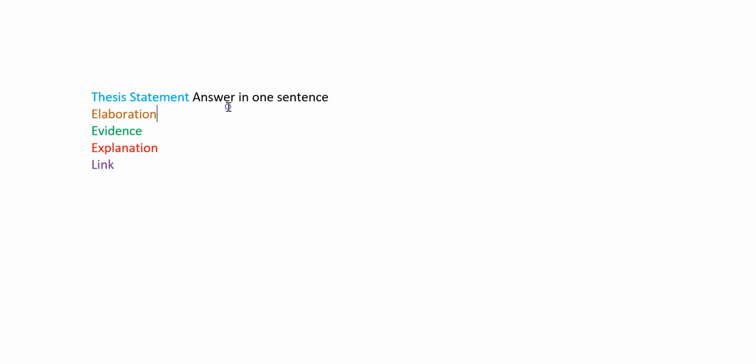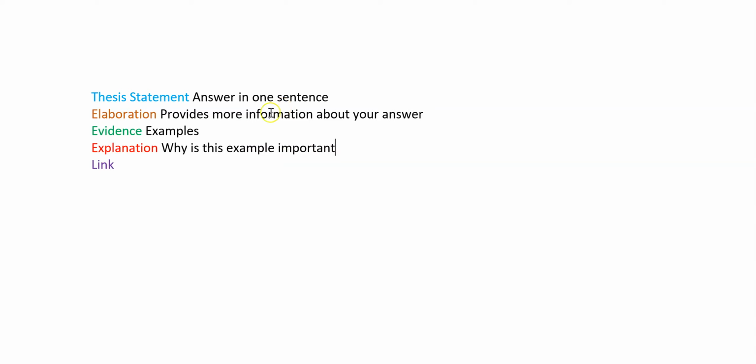The elaboration, which comes next, offers a little bit more information about your answer in one sentence. Your evidence, which comes after that, is your use of examples, and in explanation you need to tell us why is this example important.